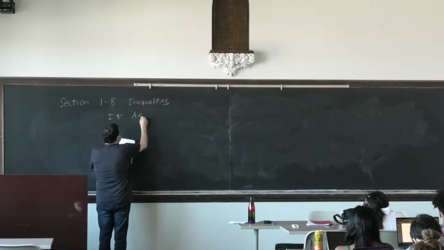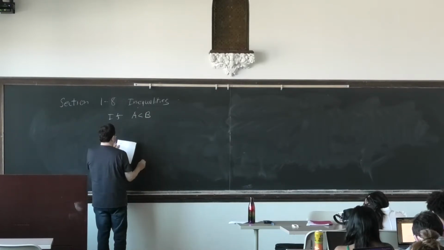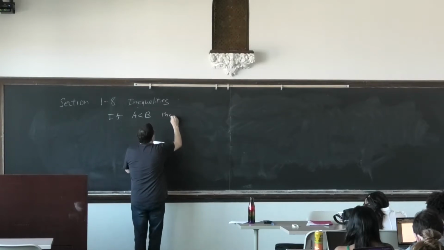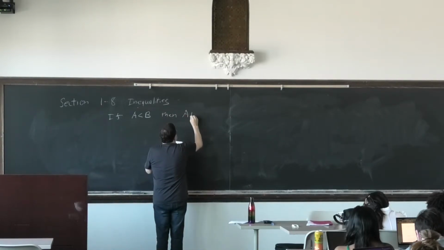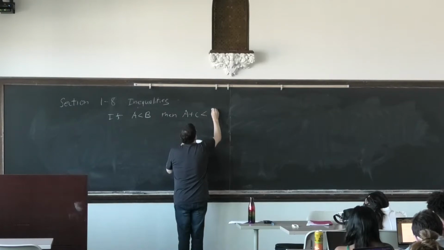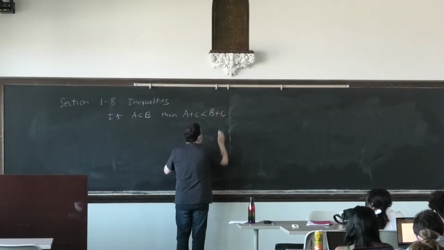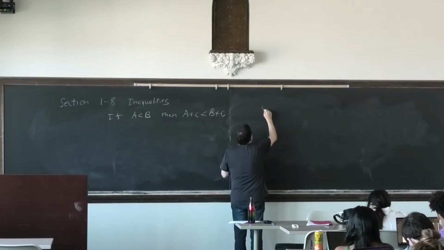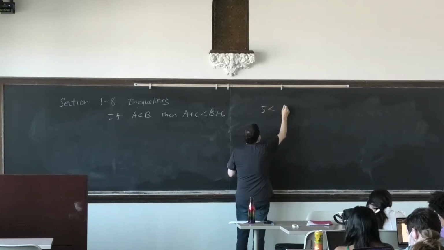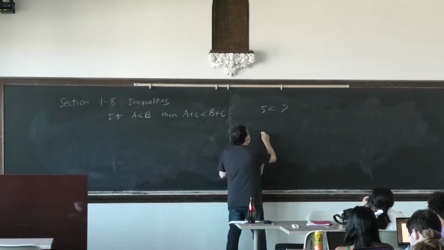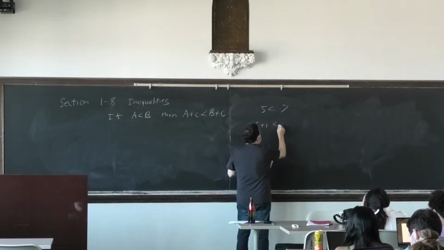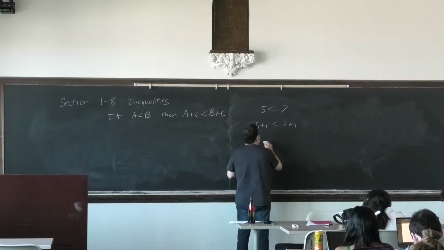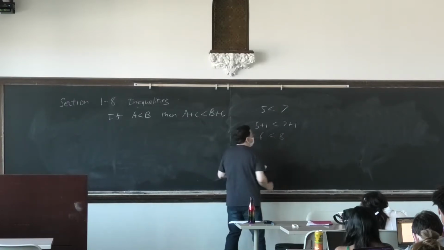We have a less than b, and a plus c is less than b plus c. Seems pretty obvious, right? We have 5 less than 7. 5 plus 1 is going to be less than 7 plus 1, right? 6 is less than 8.